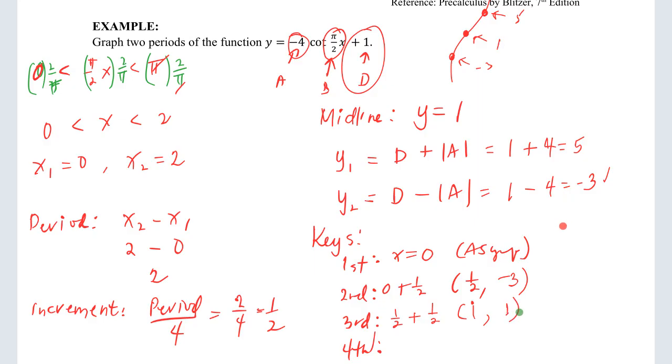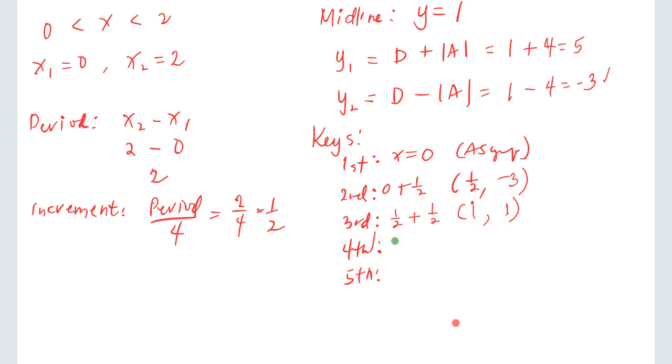Then the fourth point would be 1 plus the increment 1/2, so that's 3 over 2, and then going up, it will reach the third quarter, so we have 5.